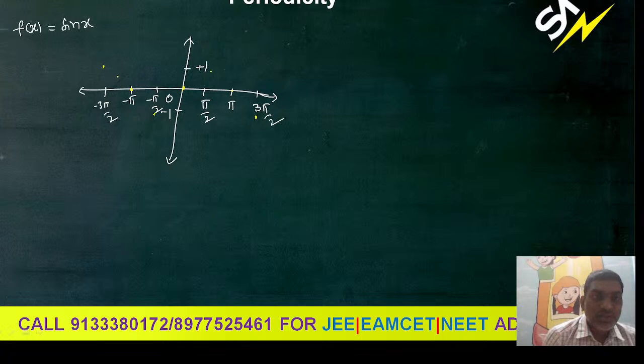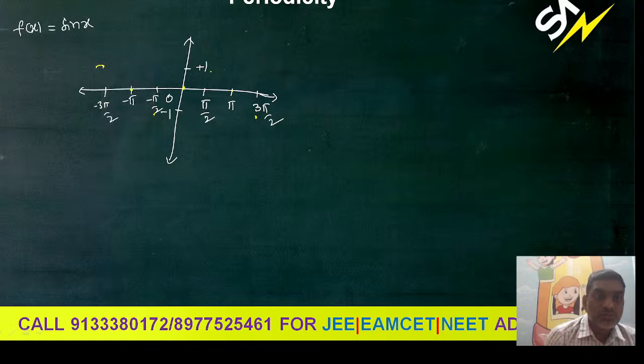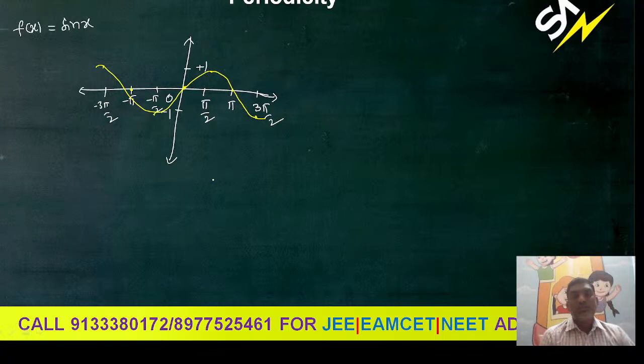So if you draw the graph, how will it come? The graph is coming like this. Suppose you extend the graph for 360.